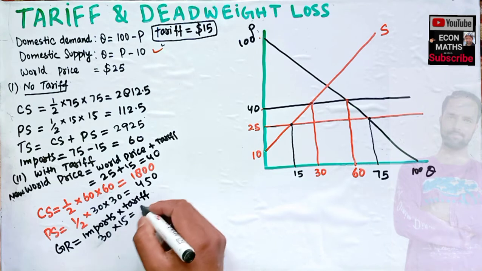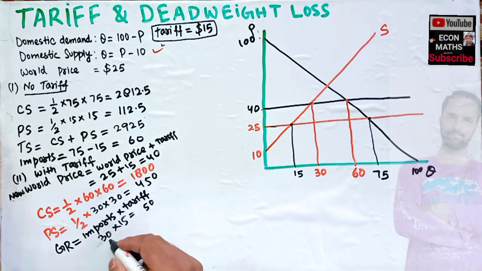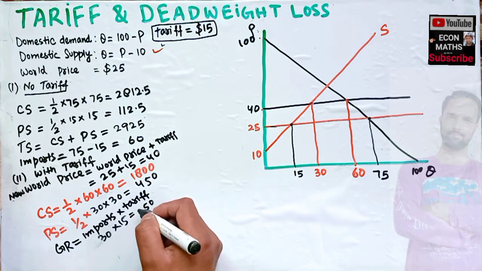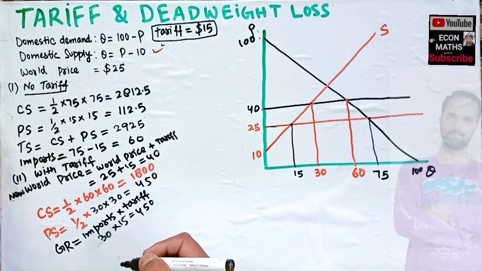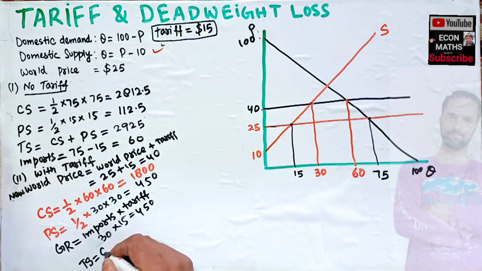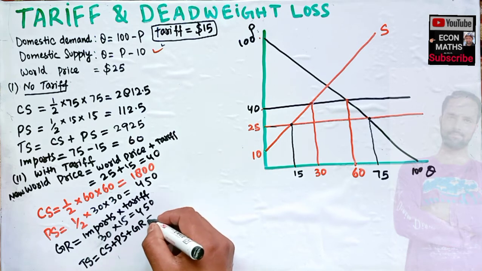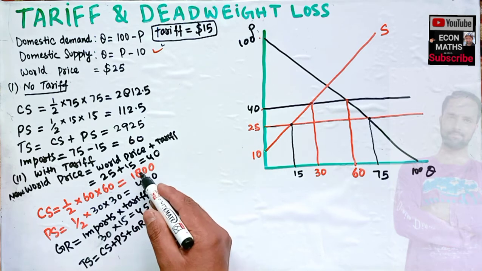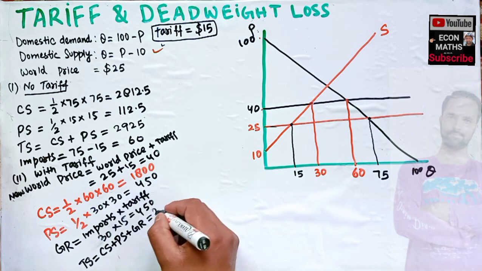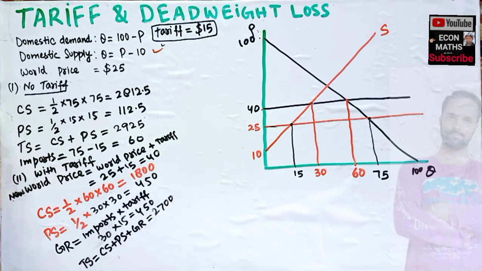So this comes out to be 0, 3 fives are 15, 3 ones are 3, so 450 is the government revenue. Now total surplus will be equal to consumer surplus plus producer surplus plus government revenue, and this comes out to be 2700 as the total surplus.